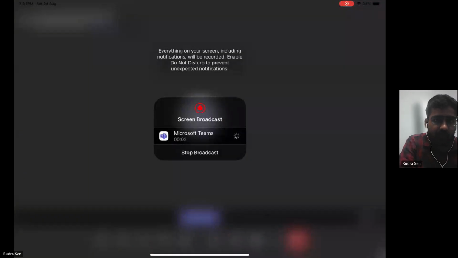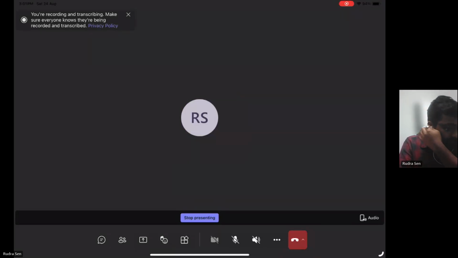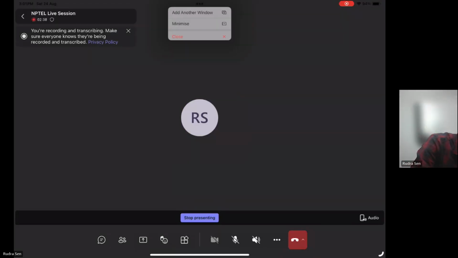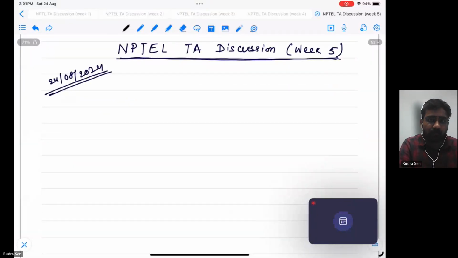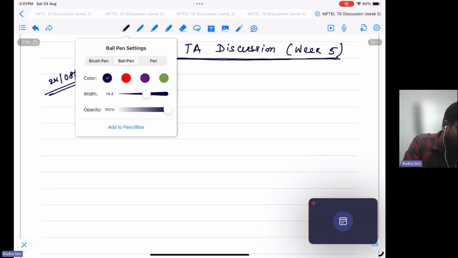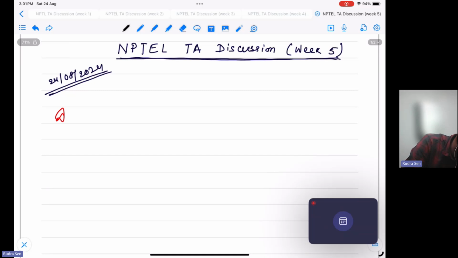Let me share my screen first. So first, I will start with the diagonalization of a matrix.